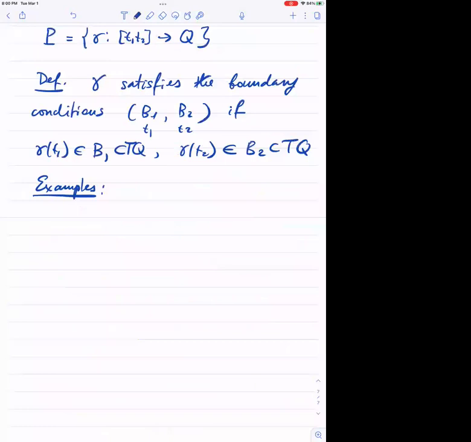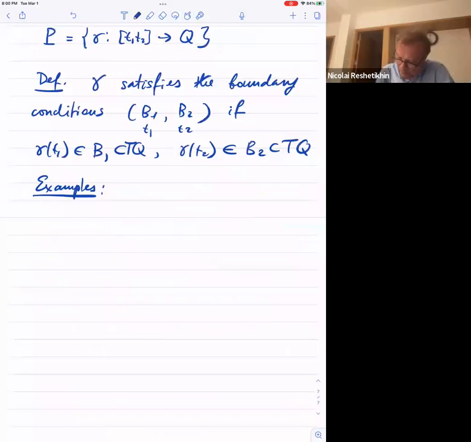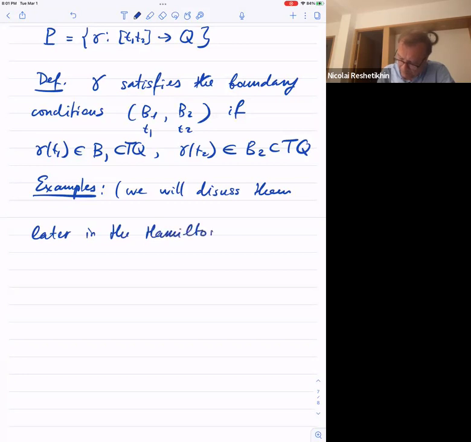All right, so some examples. There are plenty of examples, and we will discuss them later in the Hamiltonian setting. But now just examples.